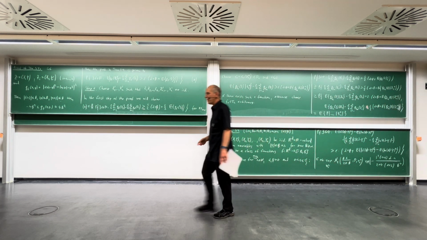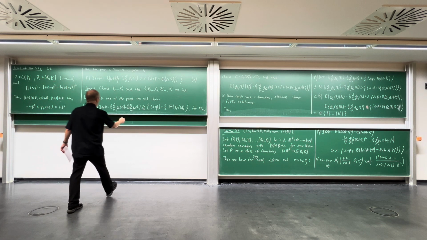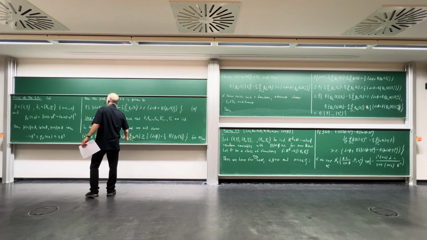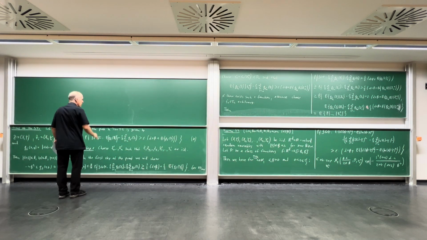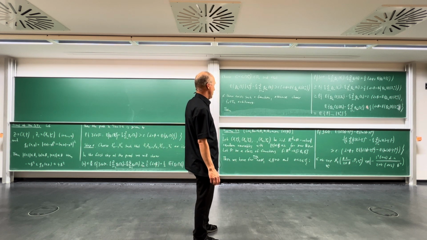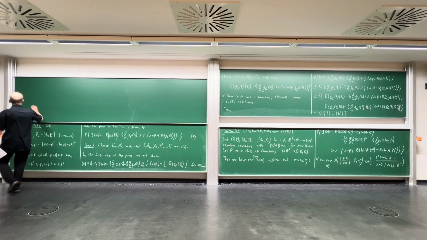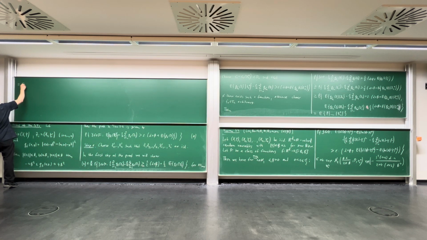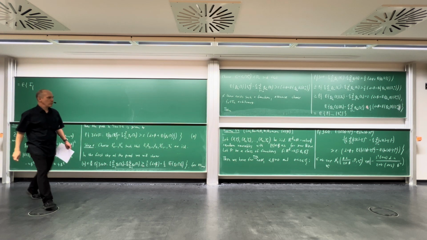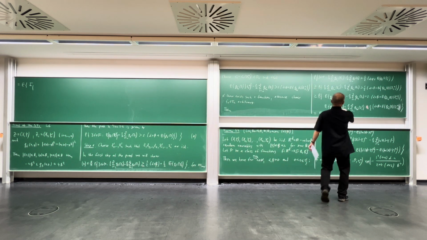So what do we end up with? That will be the expectation. It becomes the indicator function of the one which I move out, which is measurable with respect to Z1n, this guy here.